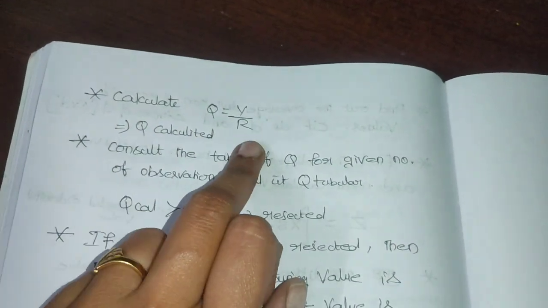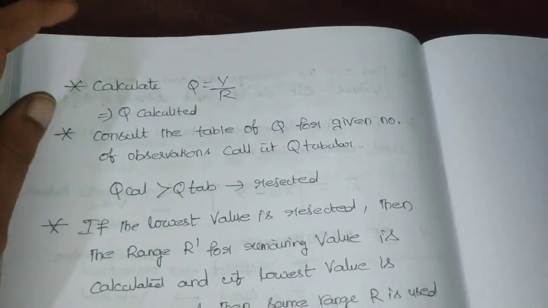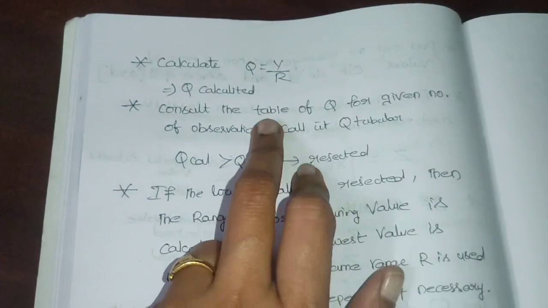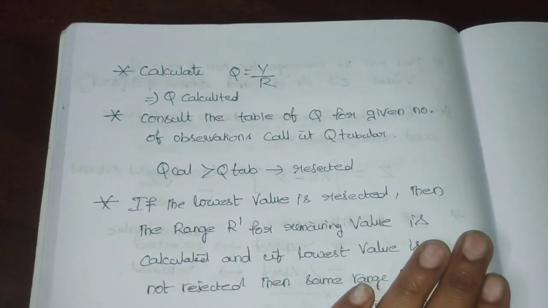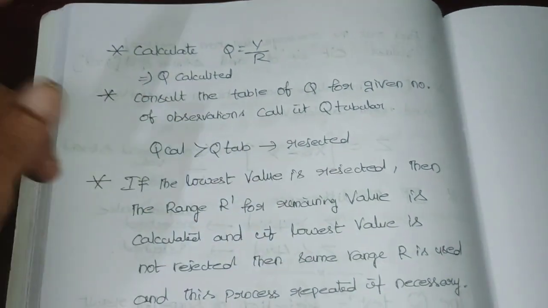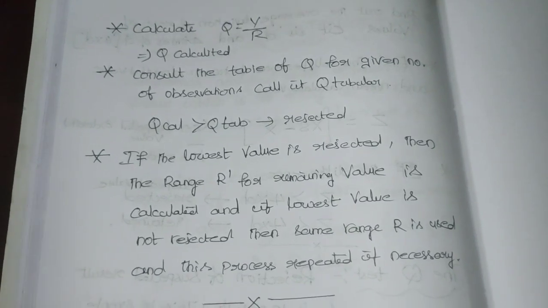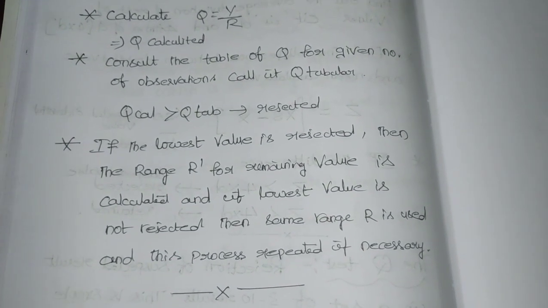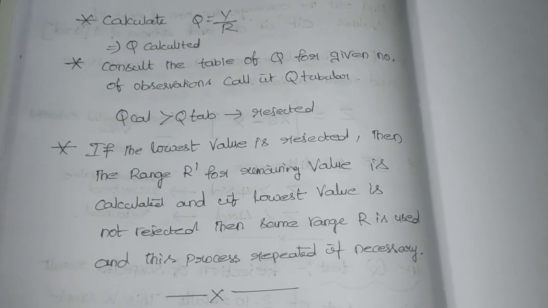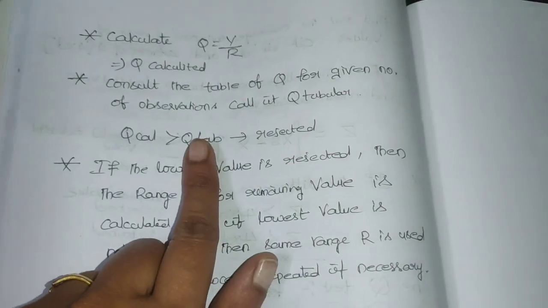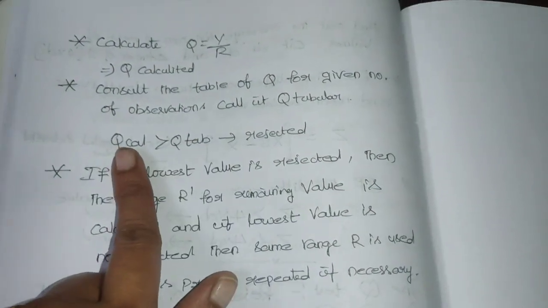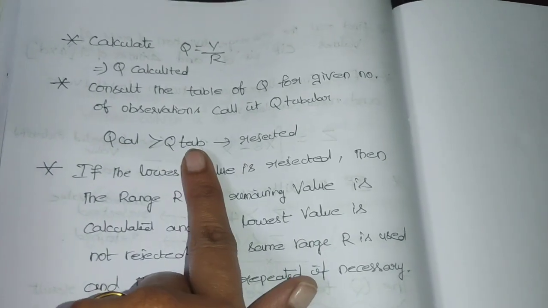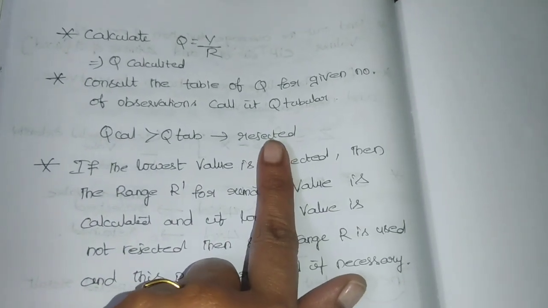Q calculated is equal to Y divided by R. We also have one more Q, from the table, for 3 to 10 observations, which is Q tabular. If the Q calculated value is greater than Q tabular, the suspected value is rejected.